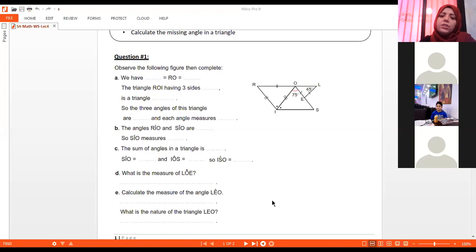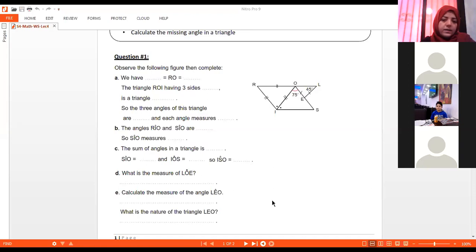Very good. How did you know? Because the triangle is equilateral. How did you know that RI equals OI? Because they are the same triangle.